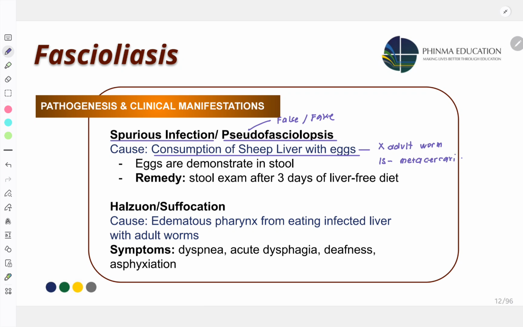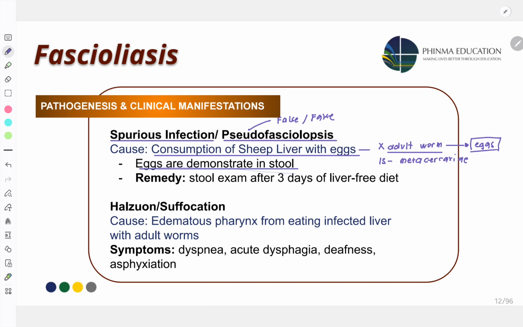So what happens is, since adult worm imuhang na-ingest, possible gyapon na within that liver sa sheep, naay eggs of your fasciola. So those eggs, of course, gikaon man nimo asa maadto ang liver na naga-contain sa adult worm and egg sa imong intestine. So inig defecate nimo naay makita nga fasciola nga egg sa imong stool, no?